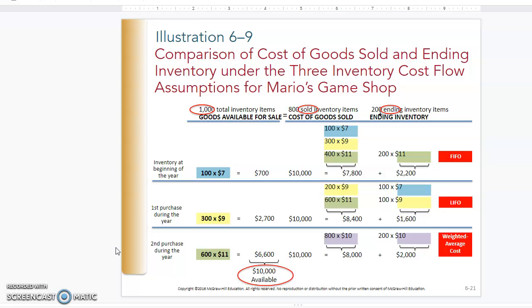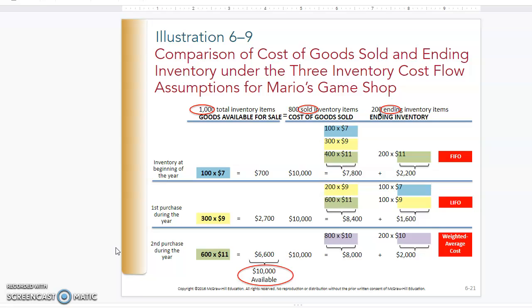Now, which method should companies use? It's based on a lot of factors, and most of it is going to be a management decision. The method that is used the most in the U.S. is FIFO, first in, first out.